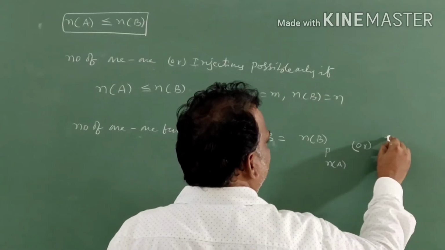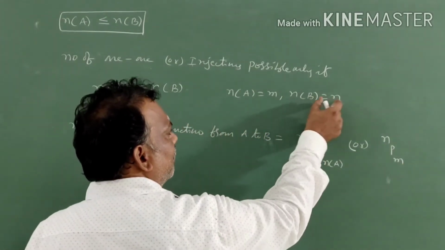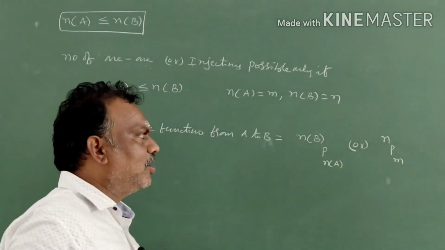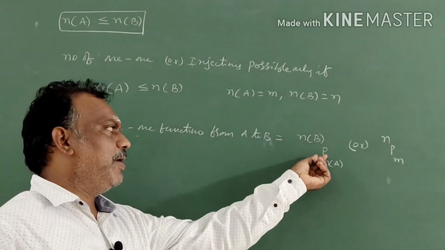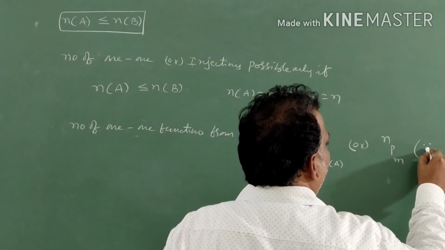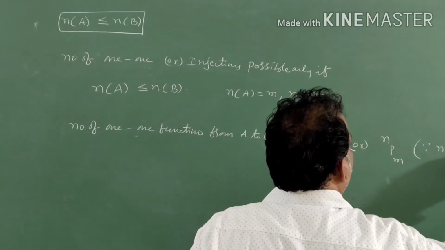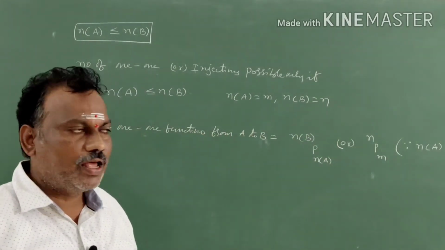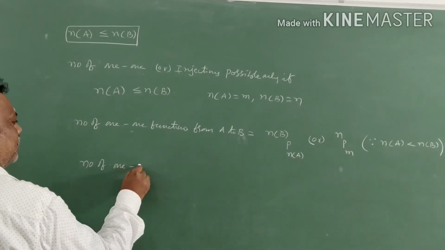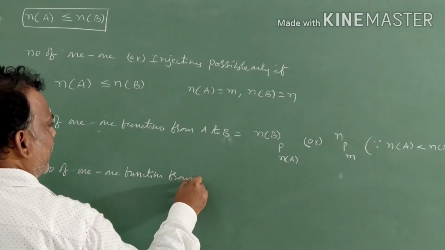I can write it as nPm, because the number of elements in B set is n, permutations, the number of A set elements is m. So the number of one-one functions is n of B permutations n of A. This is possible when n of A is smaller than or equal to n of B. Only in this condition, this is the formula. Now, number of one-one functions from A to B.